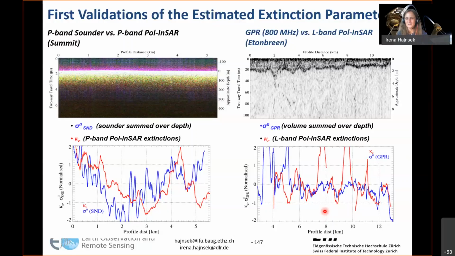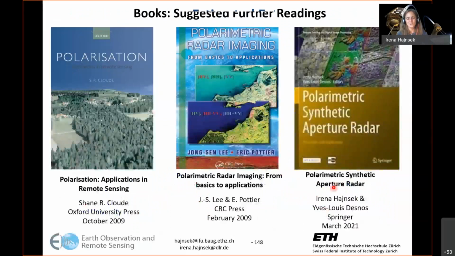So we will probably in the future have much more insight on all of these applications when you use this data, or when you use any kind of Pol-InSAR data and try to develop models or approaches to extract this. Okay, so that's my last slide of the whole presentation.